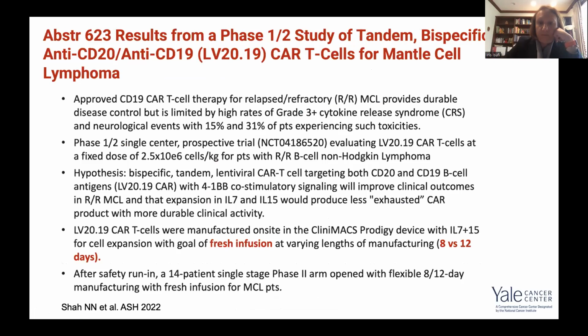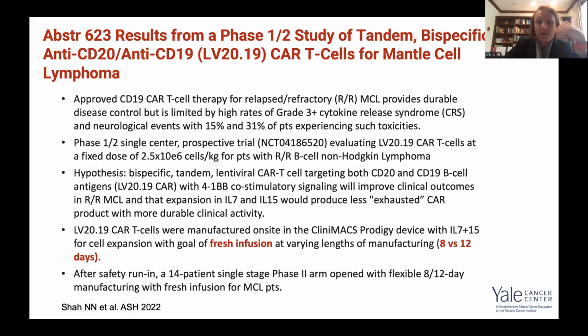The hypothesis of this study was that if we use a bispecific tandem product targeting both CD20 and CD19 with expansion with IL-7 and IL-15, we might get less exhausted CAR products with even more durable clinical activity.